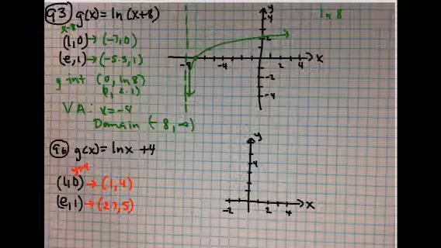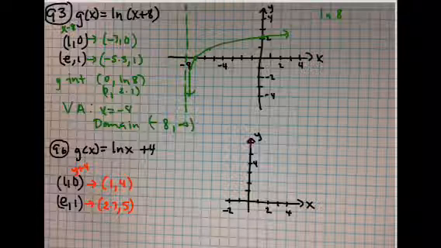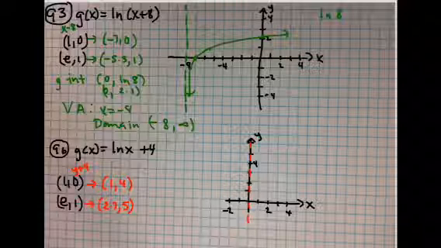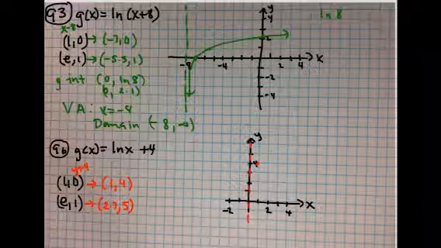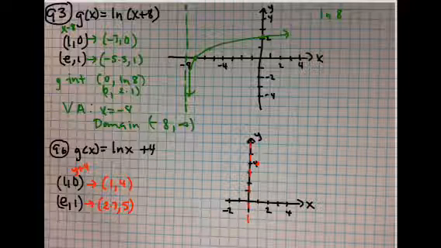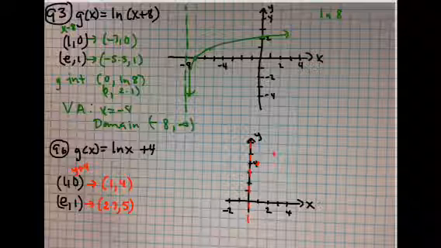So for 96, you have no translating left or right, so the vertical asymptote goes right here, right over the y-axis. And then you have the point 1.4 and the point 2.75. So about here. And then you connect.